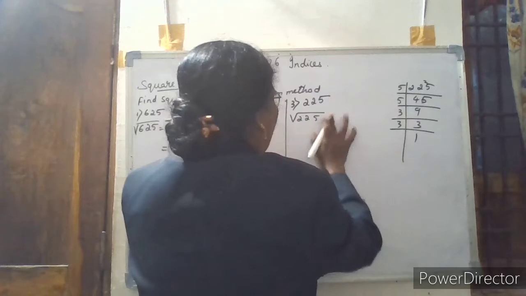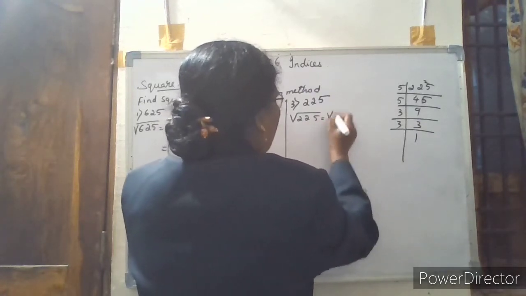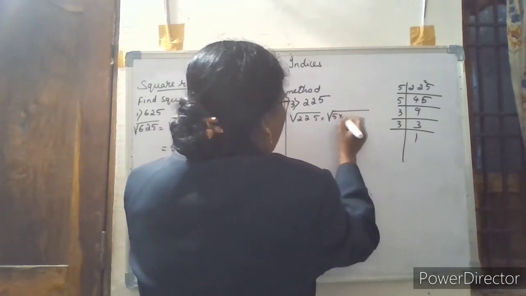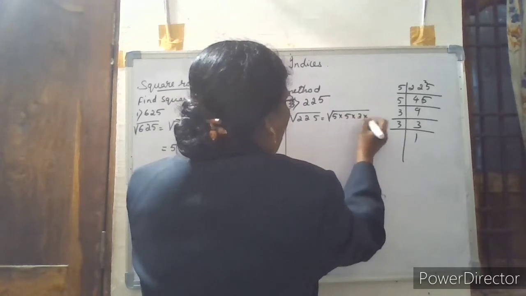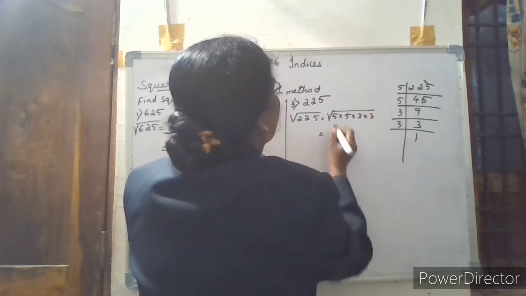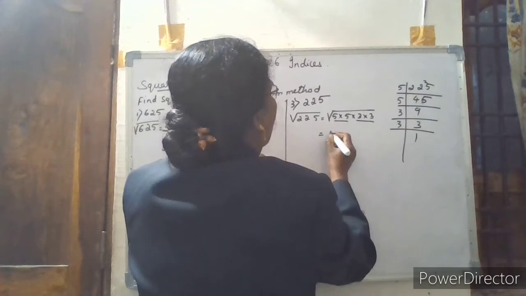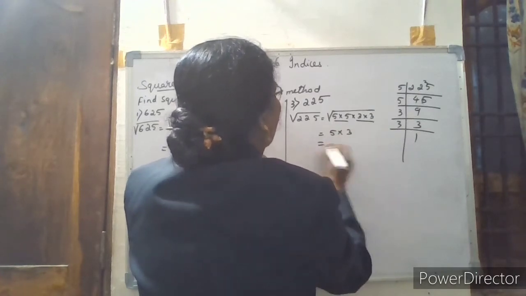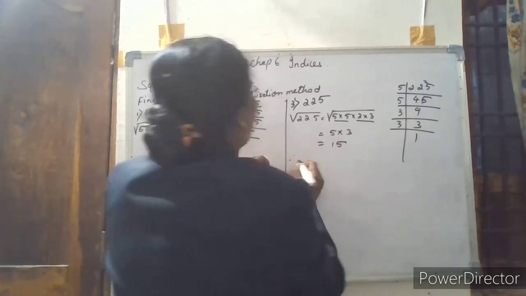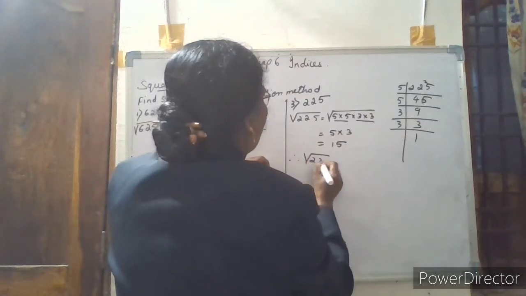Therefore we got the factors of 225 as 5 into 5 into 3 into 3. So this is equal to 5 into 3, that is 15. Therefore root of 225 is equal to 15.